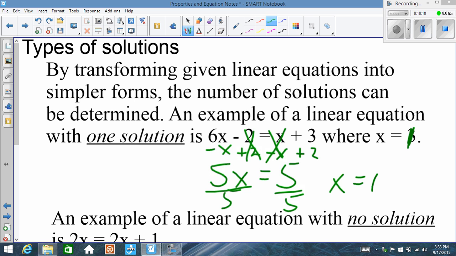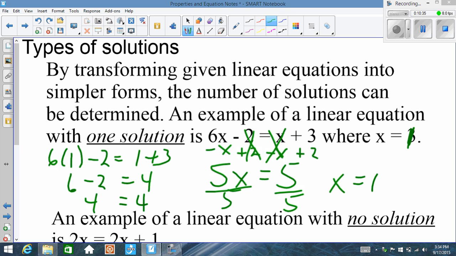If we wanted to check that, we would do 6 times 1 minus 2 equals 1 plus 3. That's 6 minus 2, which is 4, and this is 1 plus 3, which is 4. So 4 equals 4. That's how we check. We put it back into the original equation.